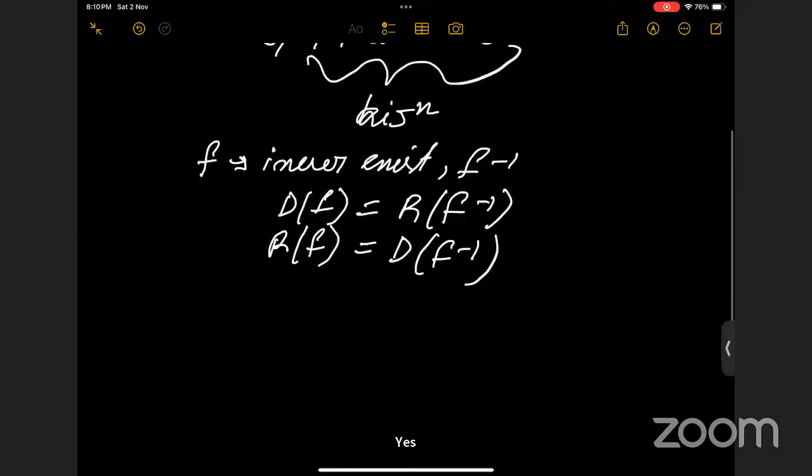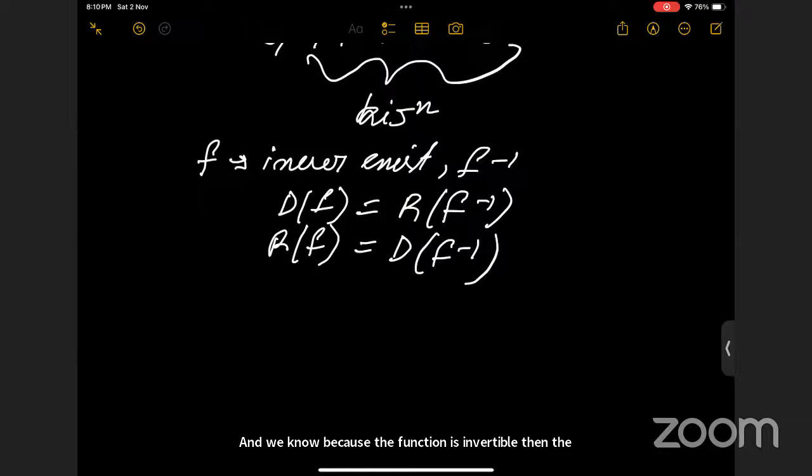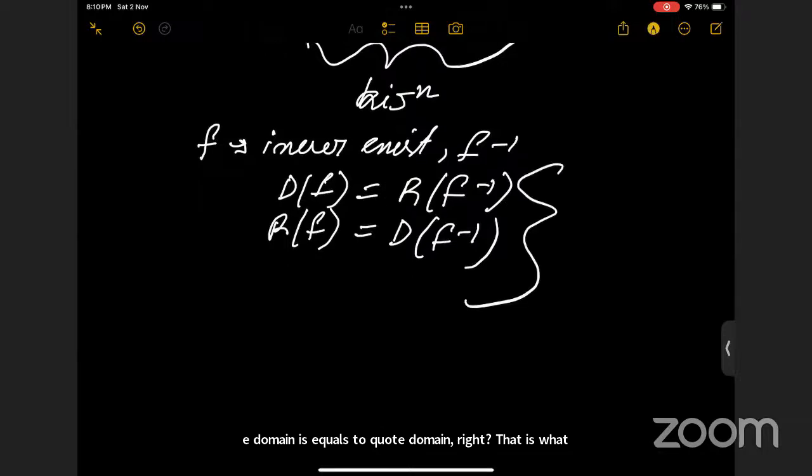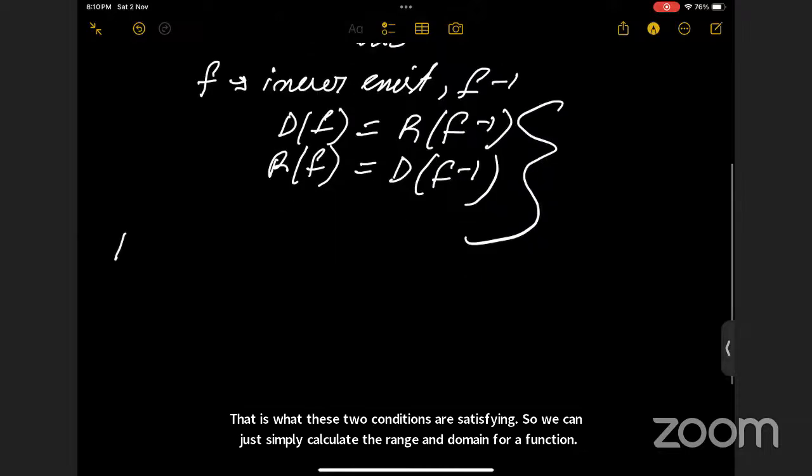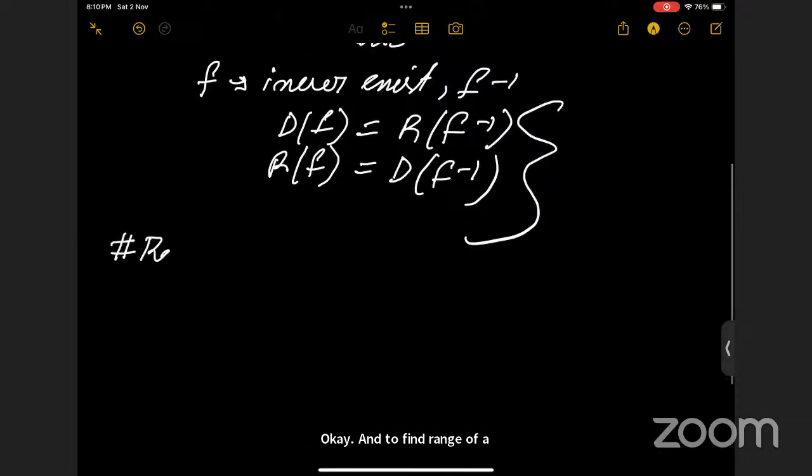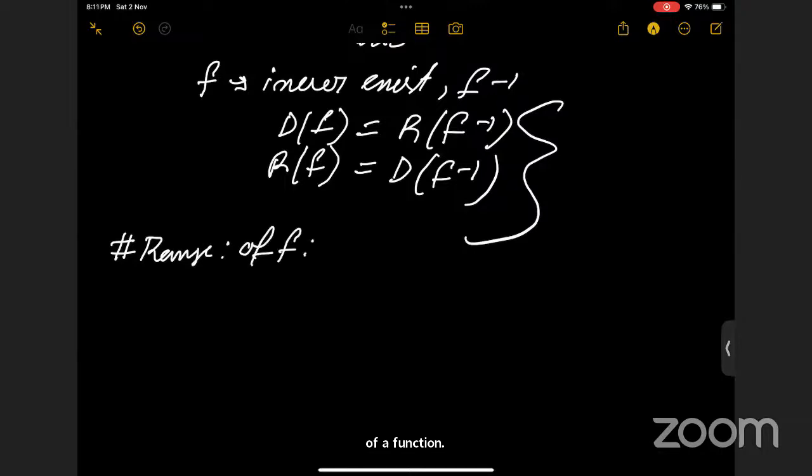And because the function is invertible, the domain equals the codomain; that is what these two conditions satisfy. So we can simply calculate the range and domain for a function. To find the range of a function f, we see at which points f can be defined.